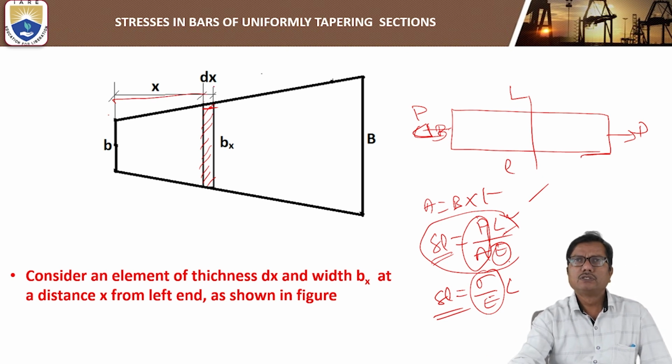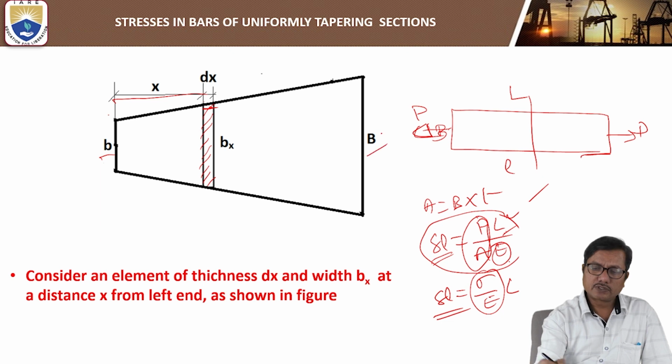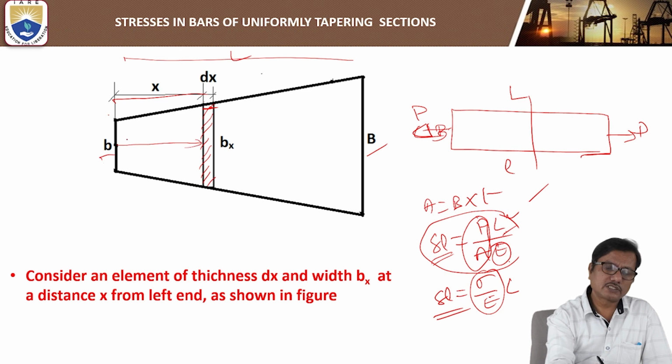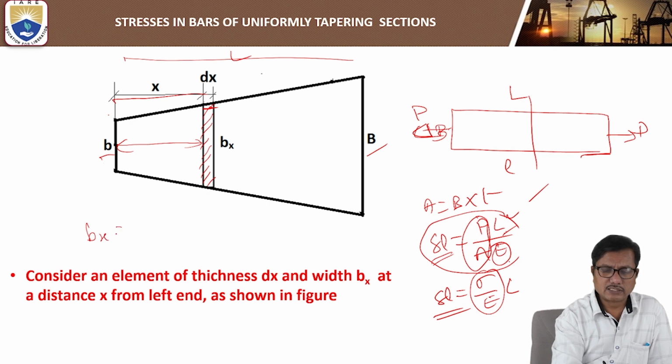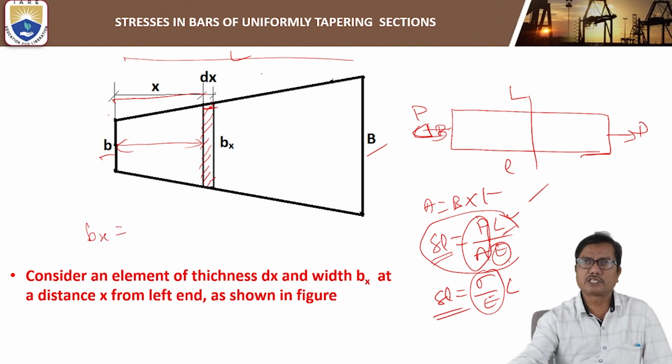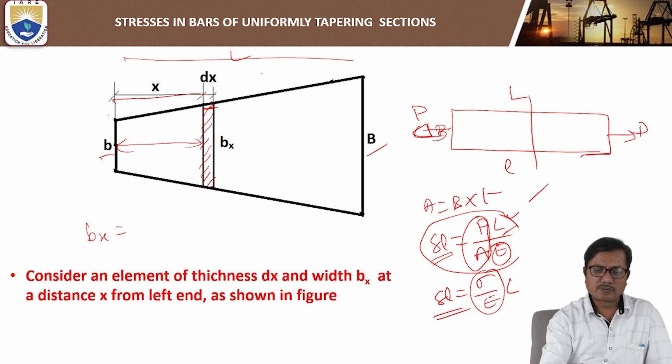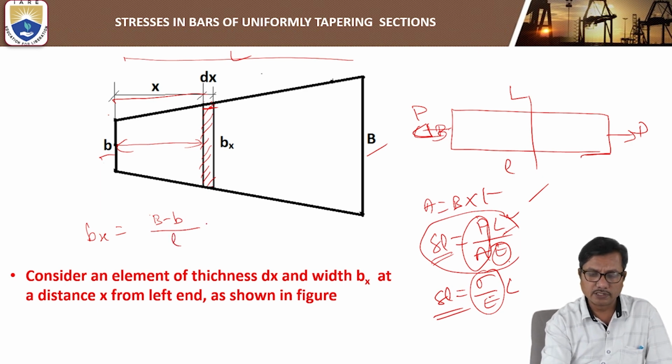As the width is changing from small b to capital B in a length of L, what will be the change in width in a length of x? So we have to find the width of the section at distance x. By interpolation, we can obtain this. The change in width in a length of L is capital B minus small b.